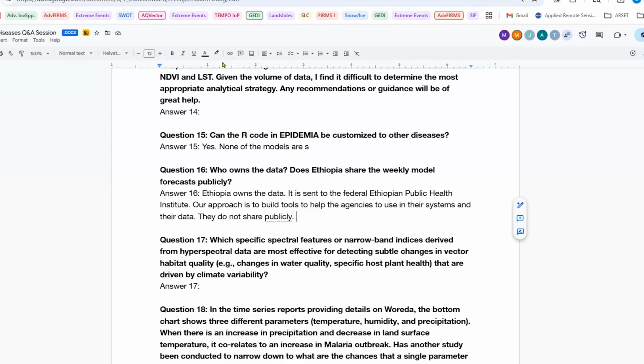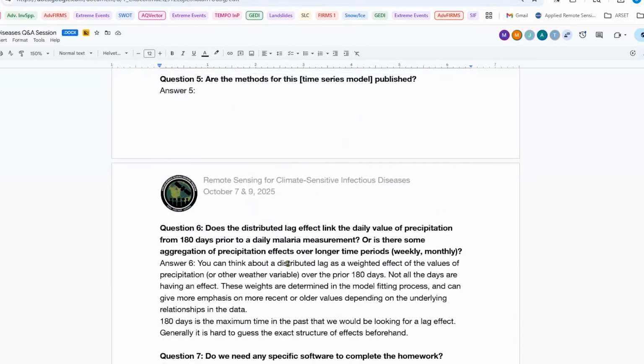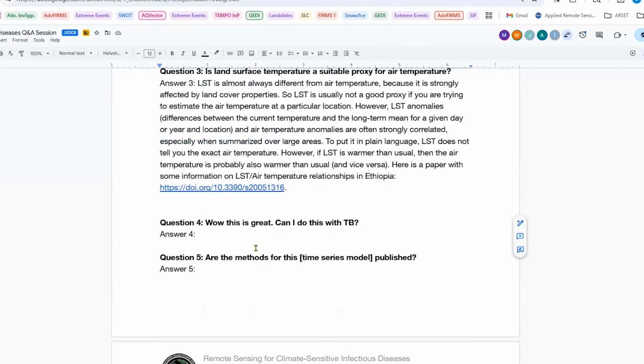Okay, thank you. Now, the next question is related to question 15, I think. The person who asked this question is really impressed by your work, and he's asking, can he do this kind of analysis with TB? That's an interesting question. Certainly one could try it. I have to admit, I'm much less knowledgeable about the climatic determinants of TB than I am of malaria and other mosquito-borne diseases.